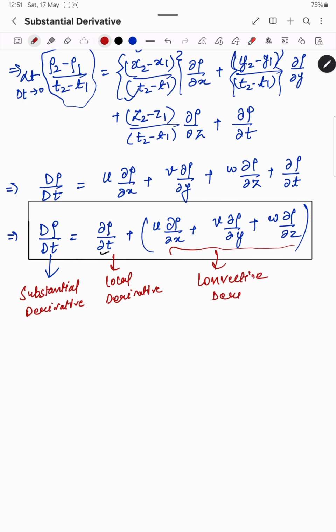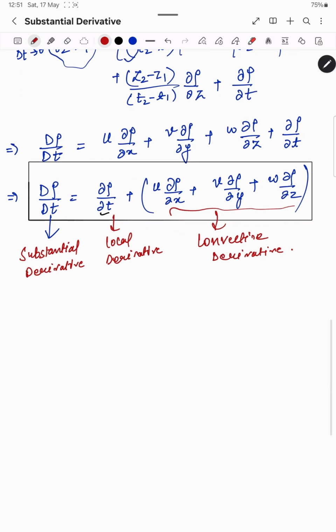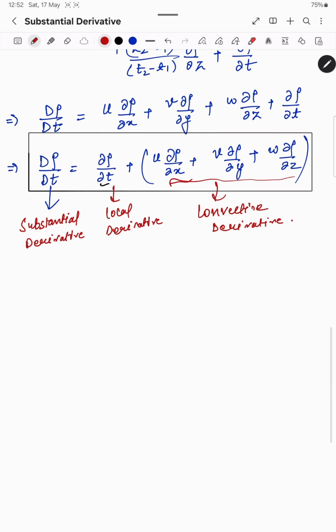Okay, and just again for simplification, what we can do is represent this whole term as D rho by Dt is equal to dou rho by dou t plus velocity times, okay, and then the gradient of density. Okay, so we can represent this whole term like this.